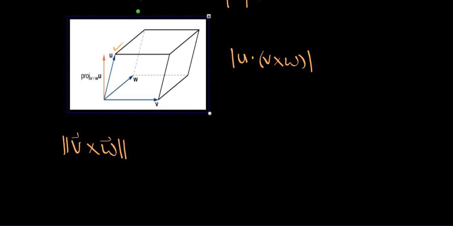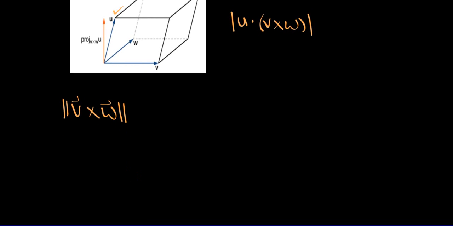Let's just do that for fun. We're about done here, so let's do this for pure joy. You're not going to have to do this, but let's find the projection of U onto V cross W.